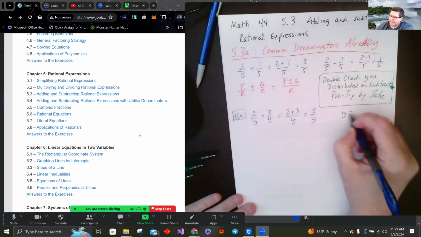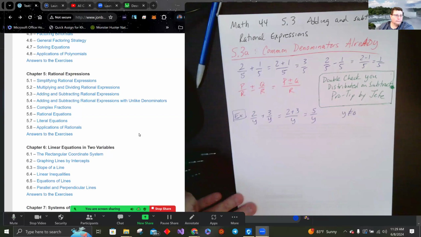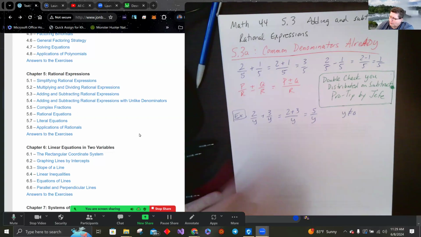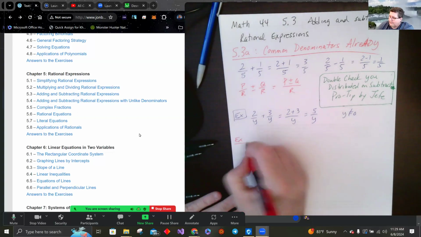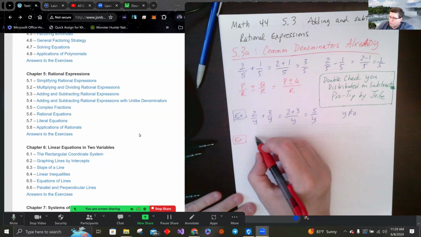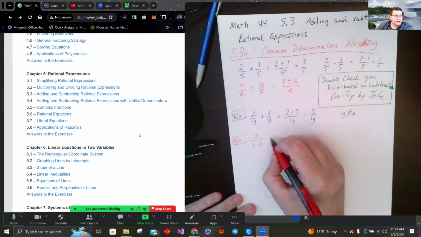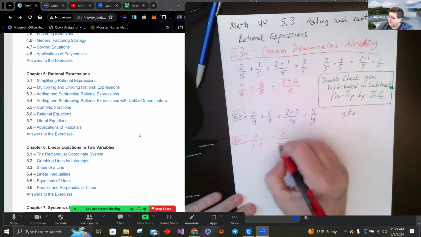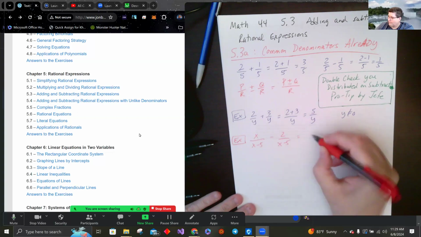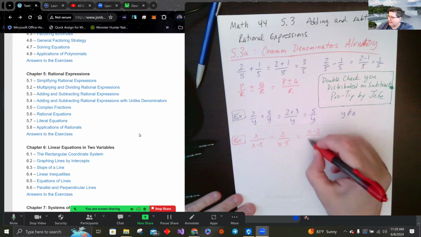Again, y cannot equal 0. Next example, we'll just have a variable in one of the numerators here. We put them together, we get x minus 2 over x minus 5.